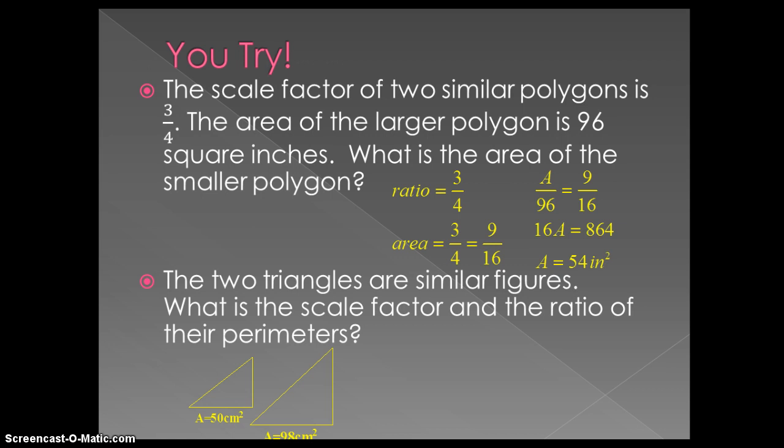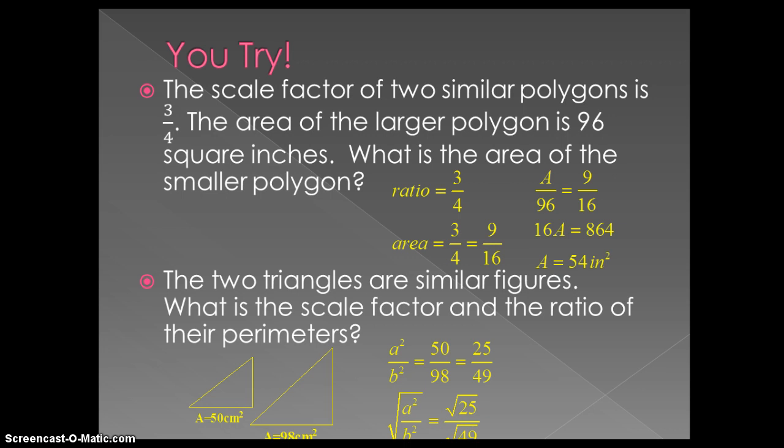Now looking at the second one, we know the areas are 50 to 98. And we know area is a squared over b squared, so we need to get it to a over b. But before I square root them, I know that I can reduce 50 over 98 to get 25/49. If you didn't do that and you square rooted them, that's okay, but it'll work out a lot nicer because I can easily find the square root of 25 and 49.